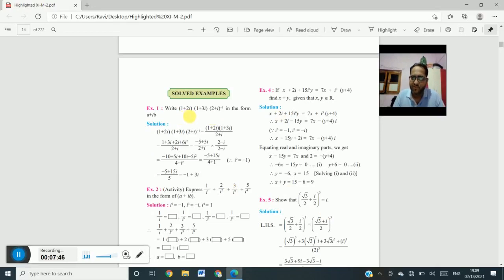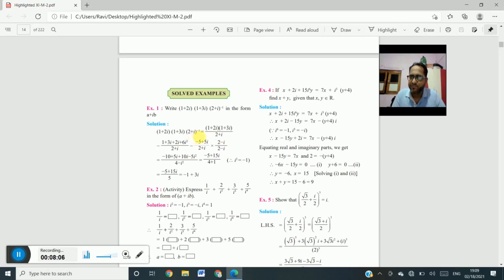Write (1 plus 2i) into (1 plus 3i) into (2 plus i) to the power minus 1 in the form of a plus ib. We have to write this expression in the form of a plus ib. Say this expression is considered (1 plus 2i) into (1 plus 3i) divided by (2 plus i).